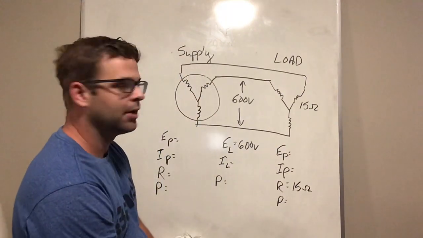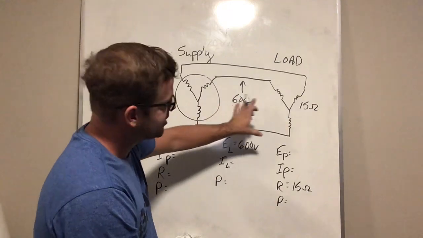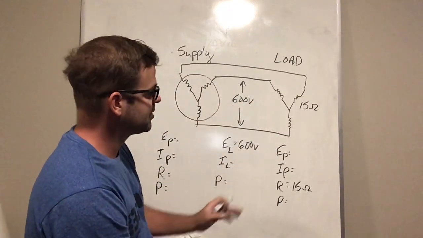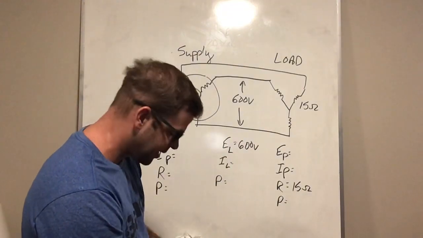And let's go through and calculate this. So I've got 600 volts, and let's start on the right hand side this time, just because that's where our resistance is and our voltage is in the line.